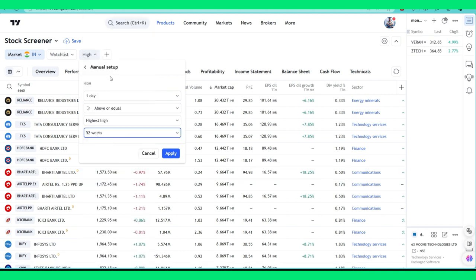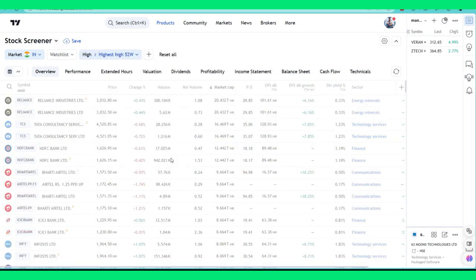So this means that I'm looking for stocks whose today's high is greater than or equal to the 52-week high. So stocks making fresh 52-week high. Now see the number of symbols here, 6,660. So let's see how it reads.